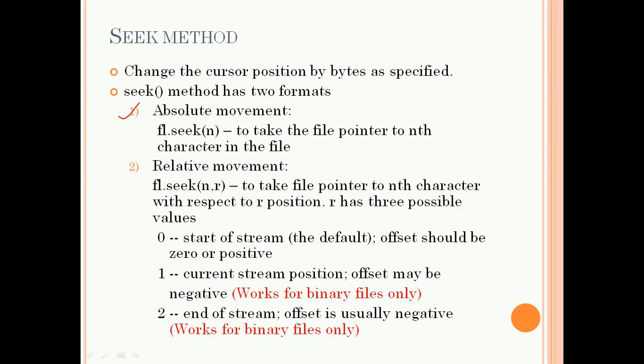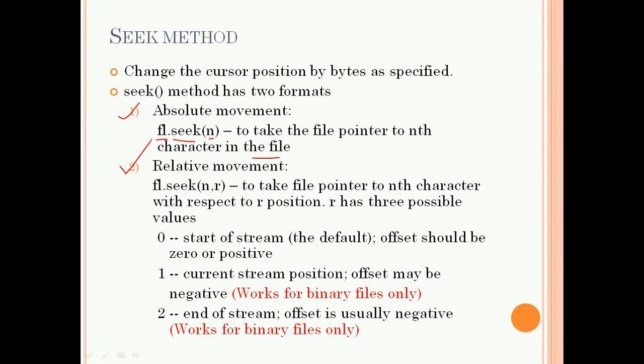Absolute movement means if you want to move the file pointer to the 10th byte, you have to write the name of the object, then dot, then seek within parenthesis 10. You have to give the absolute value where you want to point the file pointer. So fl.seek(n) will point the file pointer to nth character in the file. Here fl is the file object.